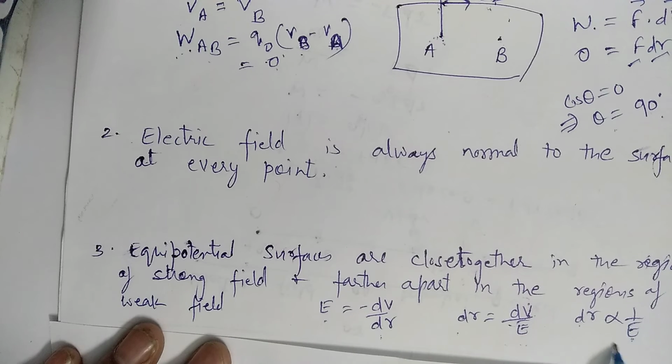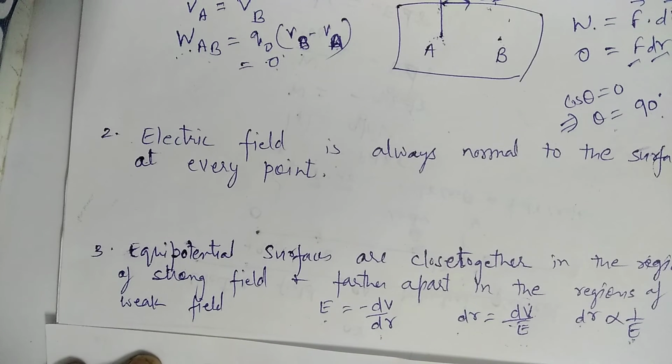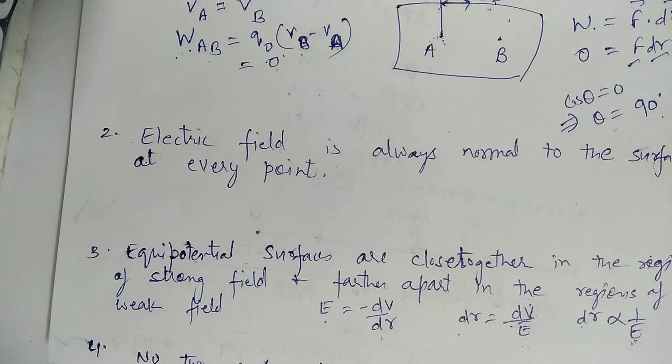So the electric field is stronger where the equipotential surfaces are closer to each other, and weaker where the equipotential surfaces are farther apart.